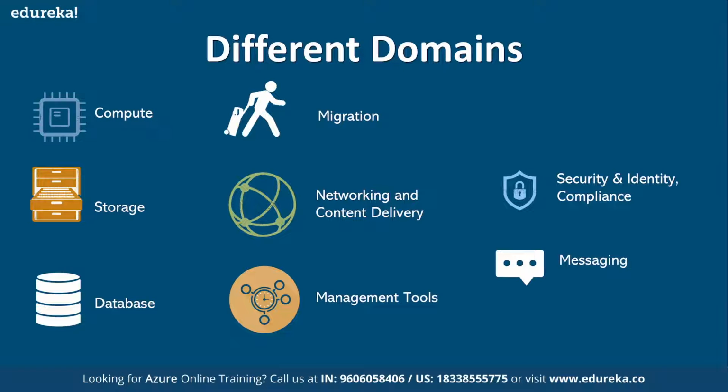Storage, we have something called a storage account in Azure. Database, we have Azure databases for SQL, Cosmos DB, which are available. Migration, we can do. Network, content delivery, we also have management tools available. Security, identity, compliance, like Azure AD. Security tools, we have messaging. Service Bus is one example for messaging, which is also there in Azure.